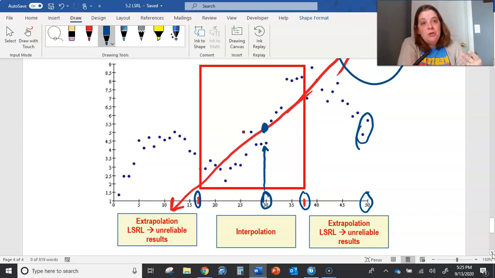A lot of times you're asked to predict what happens when X equals 50, and then you answer it and it says, how confident do you feel in your results? In this case, I would not feel very confident. I would say, I am not confident in the results. 50 is larger than my largest X value, which means that making a prediction is extrapolation, which means my results are unreliable at best. All right. Thank you very much.